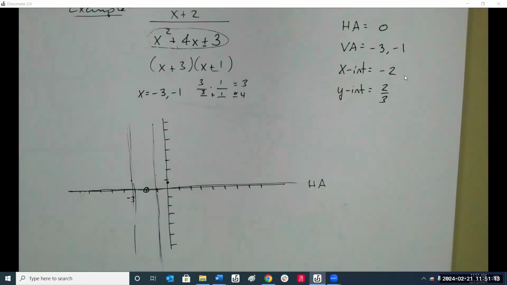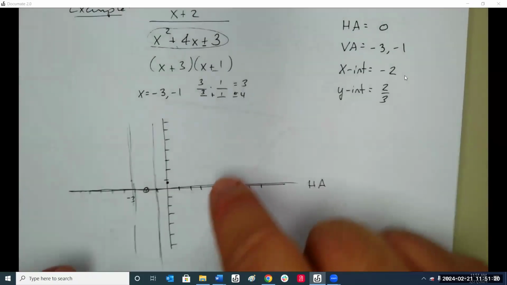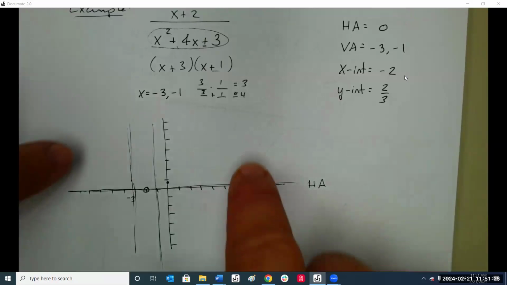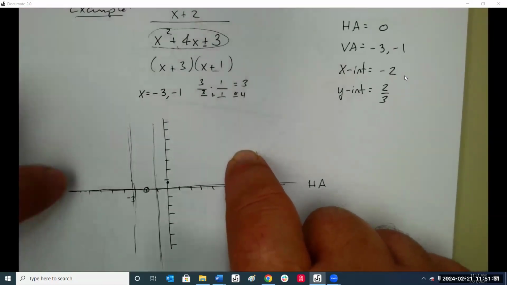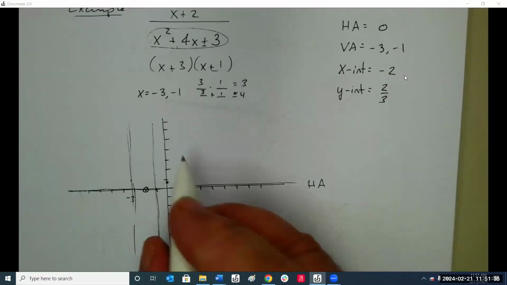Whenever something like this happens, these outer ones are usually in the opposite quadrants of each other. Very rarely will they be on the same side, unless they're both squared. So we plot some points.